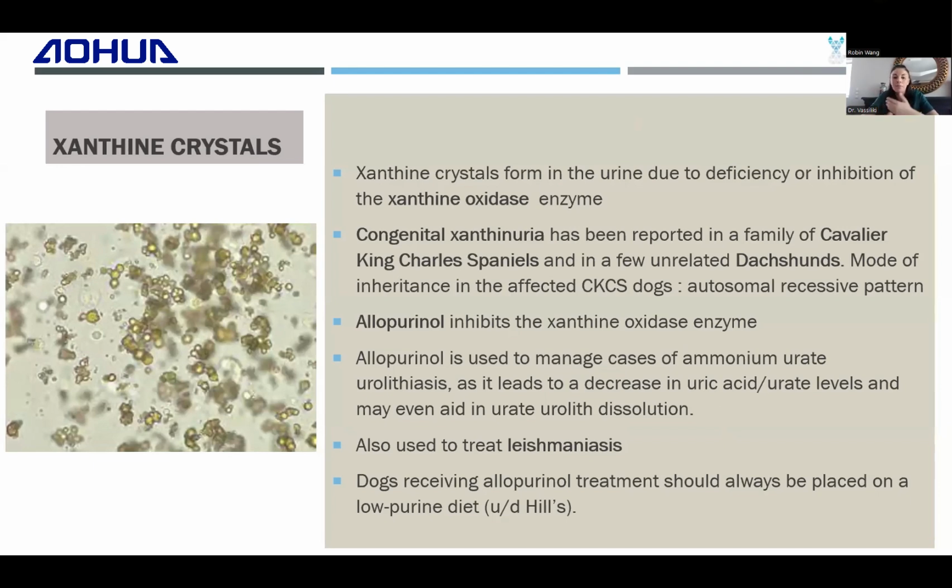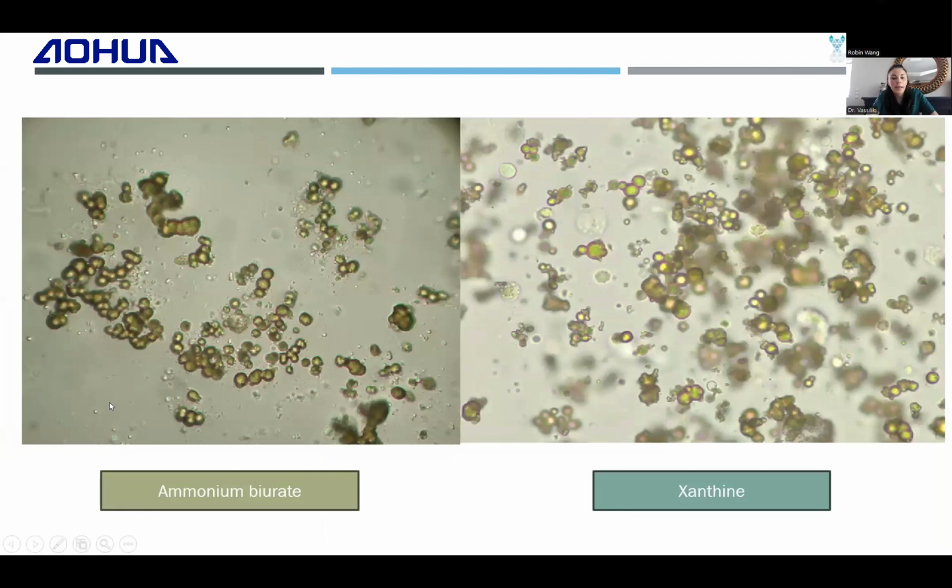So it has the same mechanism just as in humans, although the underlying pathogenicity is not as common as in humans. Okay. We use it in order to treat leishmaniasis, as I said, and they should always be placed on a low purine diet. We're going to talk about diets a bit later on.